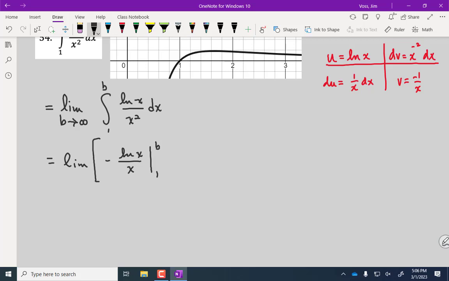So there's uv minus the integral of v du. v du is minus 1 over x squared. So that becomes plus 1 over x squared. And we will write 1 over x squared as x to the negative 2 because it's easier to integrate it that way.